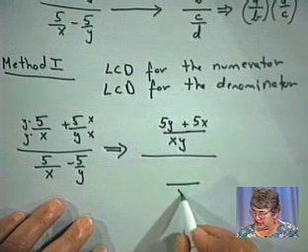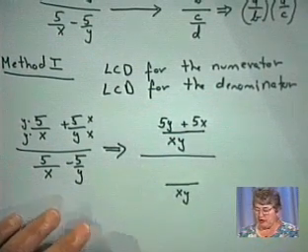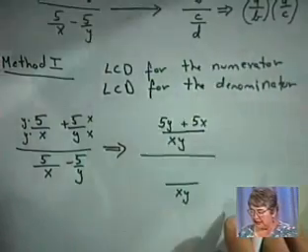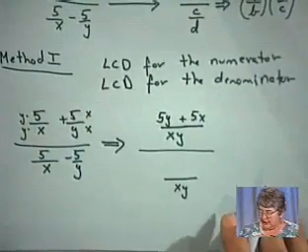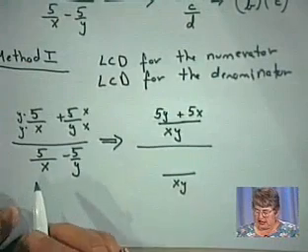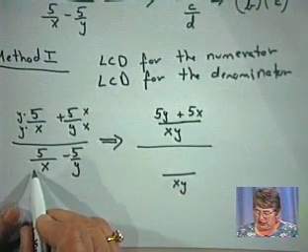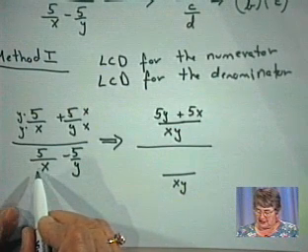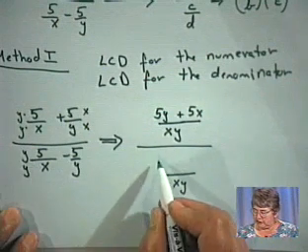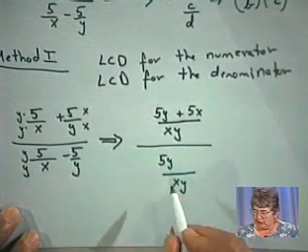The denominator is fairly simple in this case, because for the lowest common denominator we can just multiply the denominators that are given there. And we'll do the same as we did for the numerator. We need a y for the first denominator, so we multiply the denominator by y and the numerator by y. So now we have 5y.